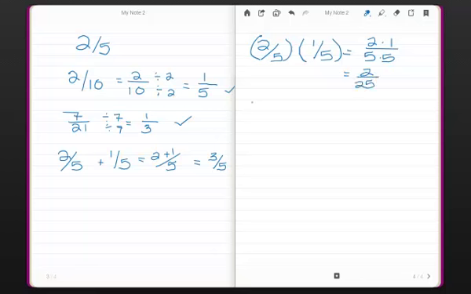Let's try another one of those. 3/7 times 5/4. In this case, we don't have a common denominator, but that's okay, because when we're multiplying, we just multiply the two numerators together over the two denominators multiplied together. So we end up with 15 over 28.